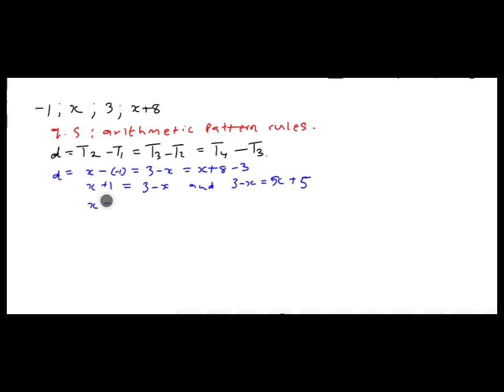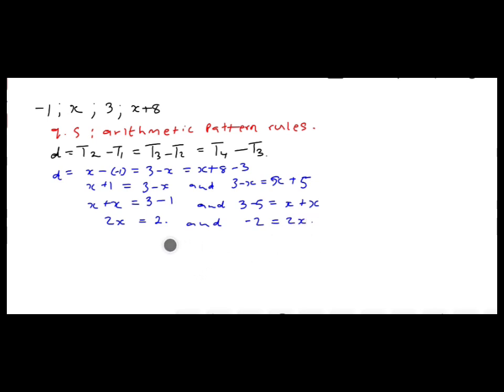If I bring x to this side, I'll have x and x, and take the 1 to the other side, I'll have 2x equals 2. And if I do the same here, 3 minus 5 equals x plus x, I'll have minus 2 equals 2x.